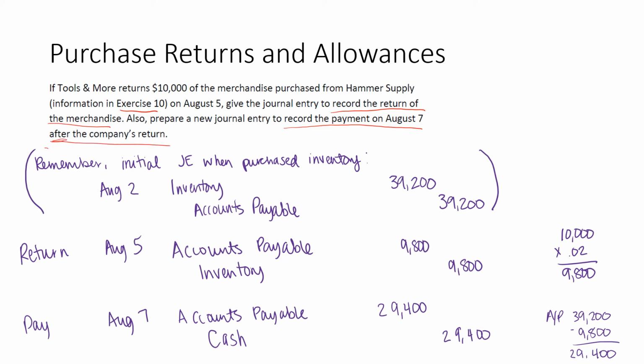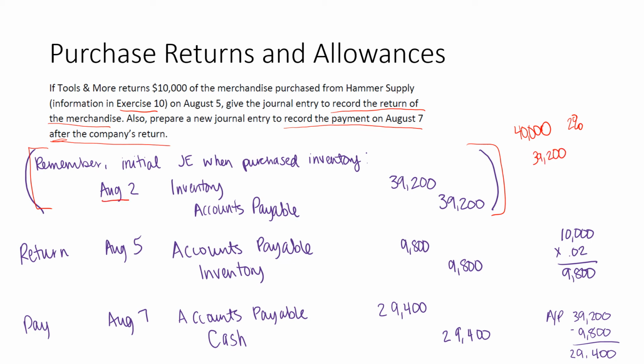So just as a reminder, this is what happened initially. It was $40,000 worth of merchandise that they purchased, but they had a 2% discount that they took advantage of. So that ended up being a total of only $39,200.